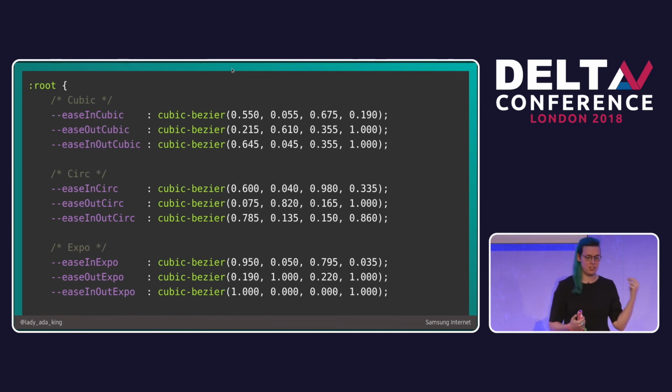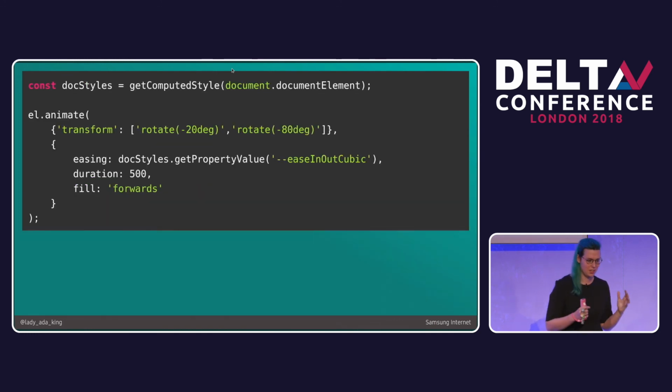So they should be kept in your CSS, so they can be used in your CSS transition animations, but I also want to be able to reuse them in my web animations. So here I've defined all my cubic Beziers as custom properties for me to use later in transitions and animations. But here, I can pull them out of my CSS file and use them in JavaScript.